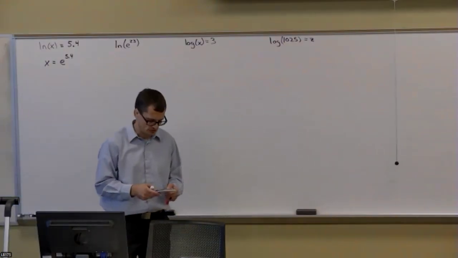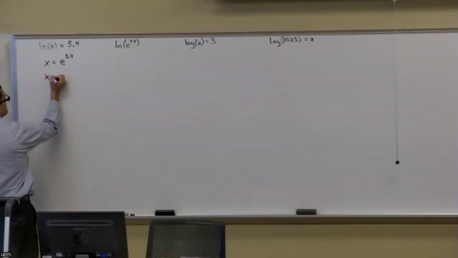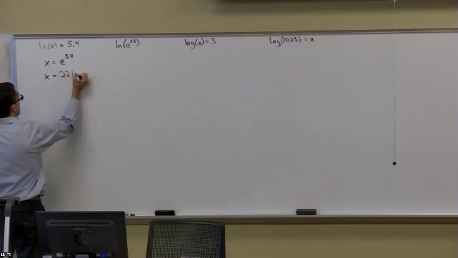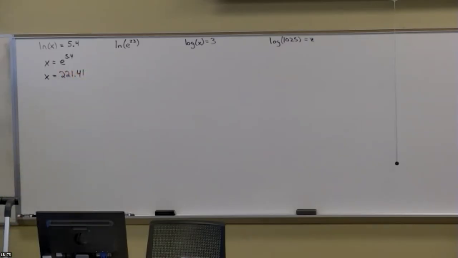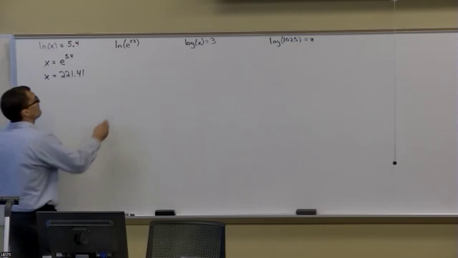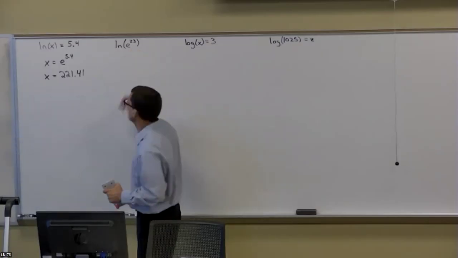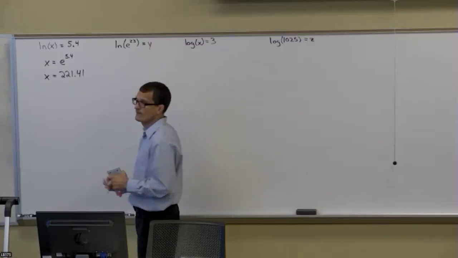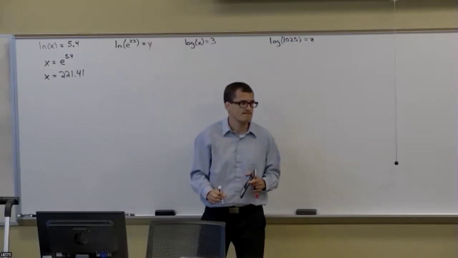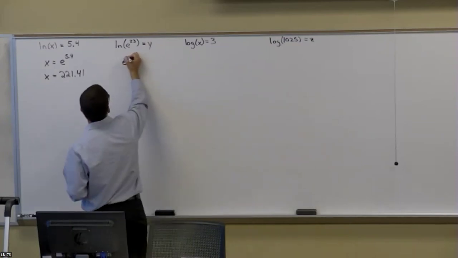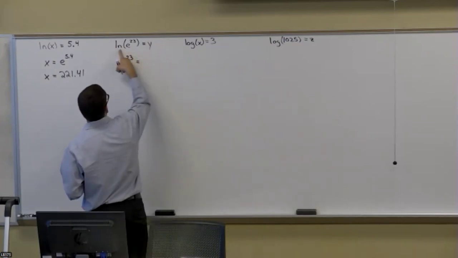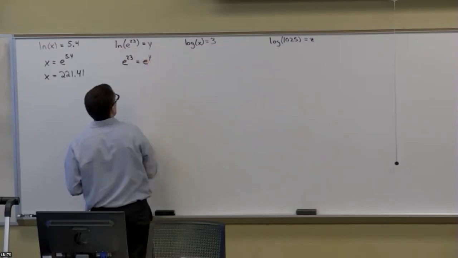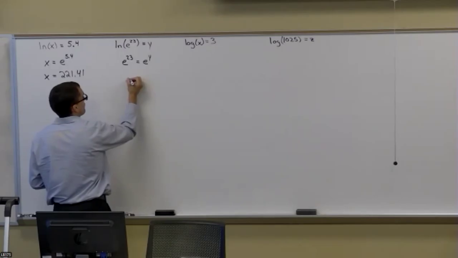It's going to give me some irrational number of 221.41 approximately. If I do natural log of e to the 23 is equal to some value, let's call it y, this is base e, so e to the y power, just like we had before, we get y is 23.